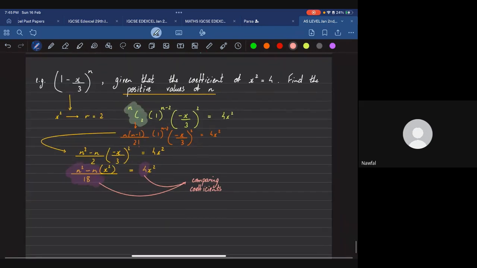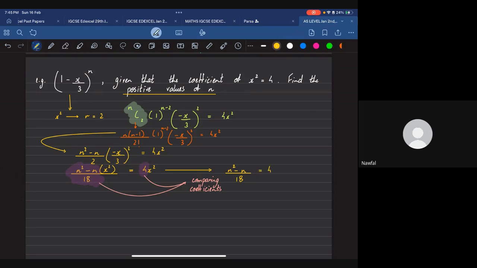Now, if you compare coefficients, what are you going to have? This is going to look like 2 times (n squared minus n). You take all the constant terms with you, and it is equal to 4.